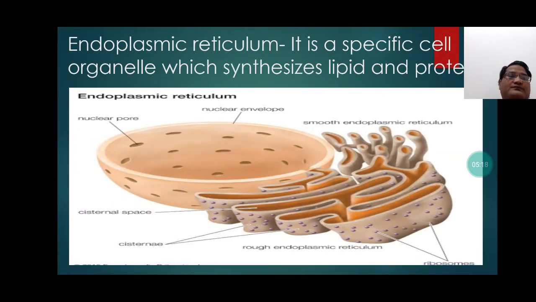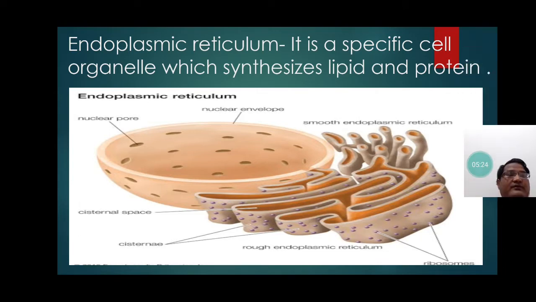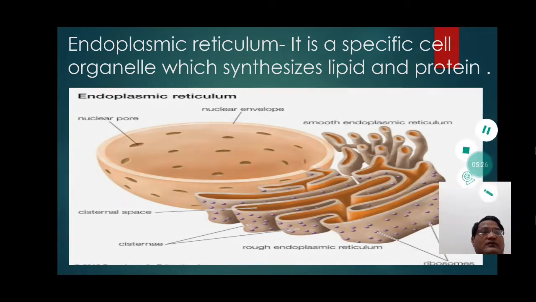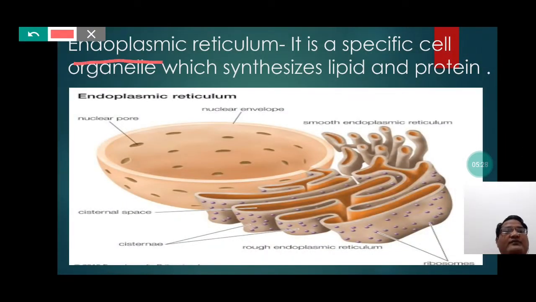Endoplasmic reticulum. It is a specific cell organelle which synthesizes lipid and protein. So students, endoplasmic reticulum actually is a specific cell organelle, the main function of which is to synthesize lipids and protein.